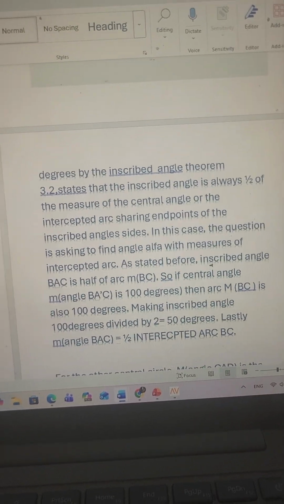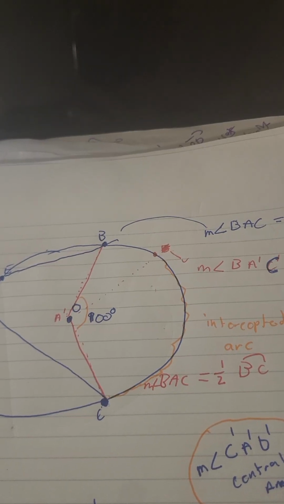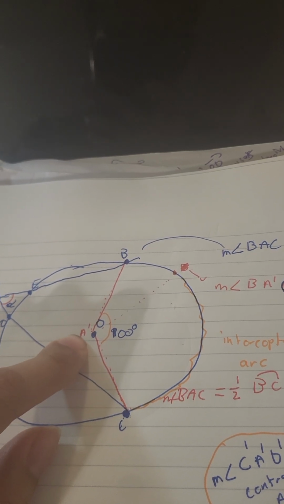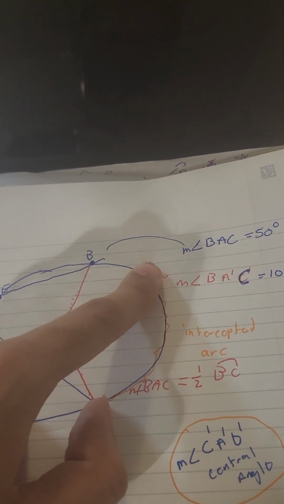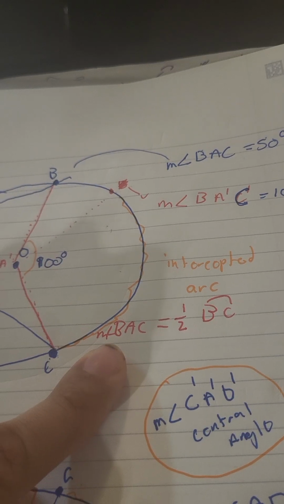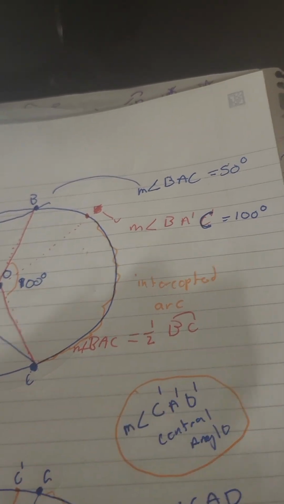So in this case, the question is asking to find angle alpha with measures of the intercepted arc. So if B prime C is 50 degrees, also the intercepted arc will be 50 degrees. So measure angle BAC equals 1/2 arc BC.